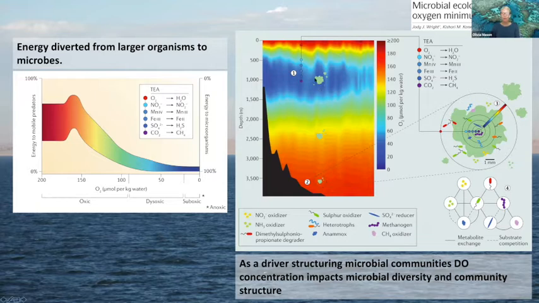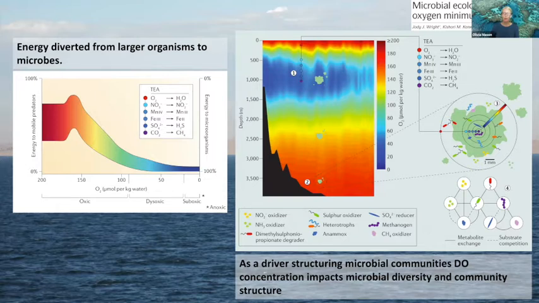But if we look at this figure from the Wright et al. paper, we can see that as you go from an oxic environment and you move deeper into the water column, where you're encountering low oxygen conditions, you actually have new niche space open up, right? So you have new microbes that are able to carry out their metabolism in this low oxygen environment.